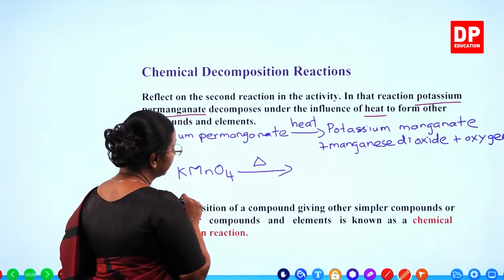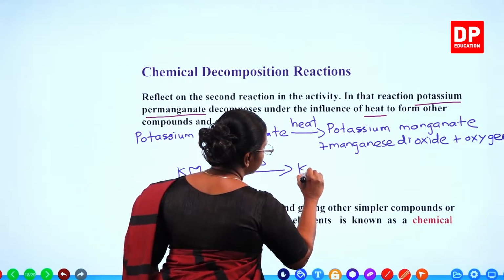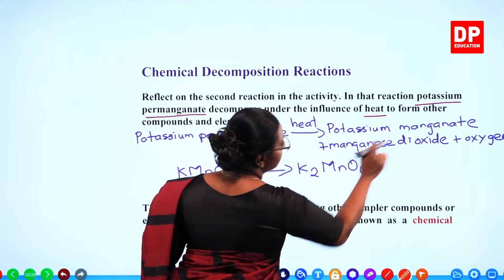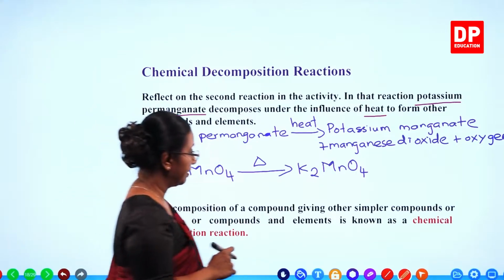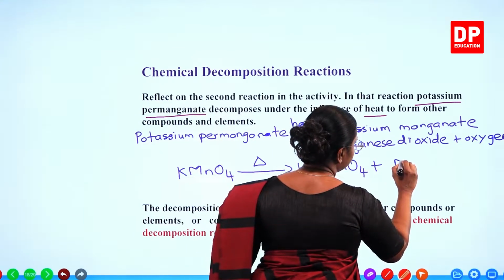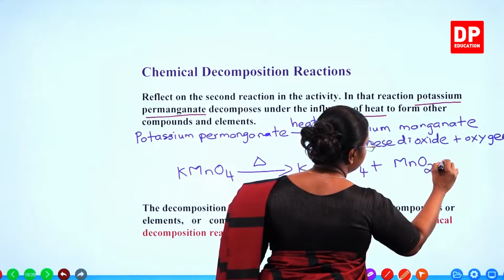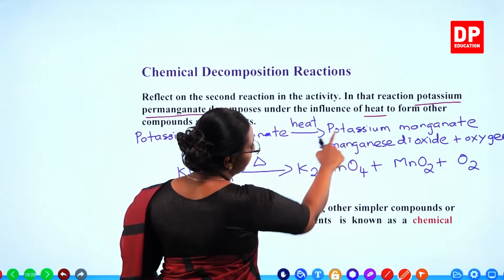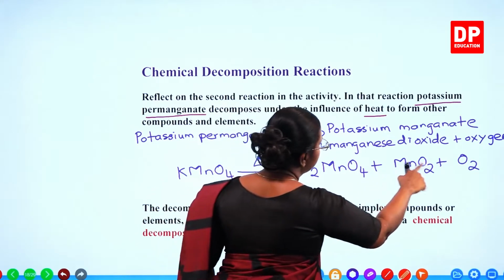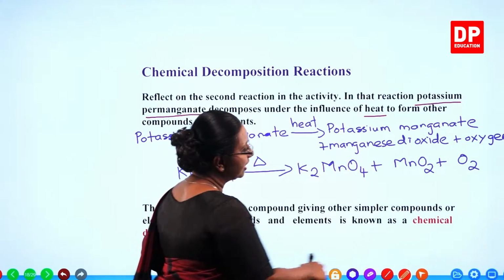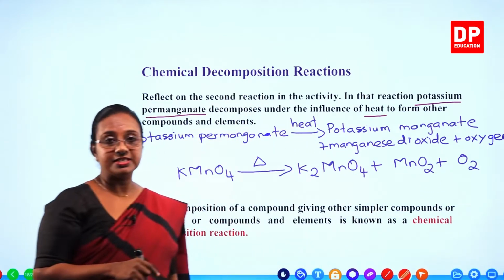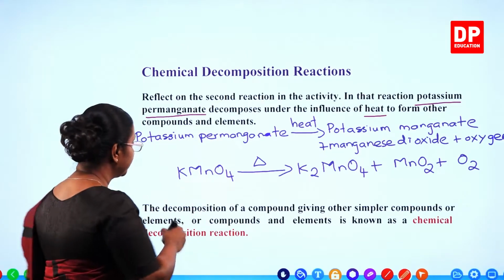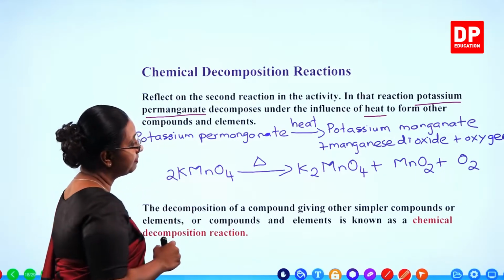So, potassium permanganate gives rise to K2MnO4, which is potassium manganate, MnO2, which is manganese dioxide, and O2, which is oxygen gas. Here again, students, you will learn how to balance the equations. For now, I will balance it.